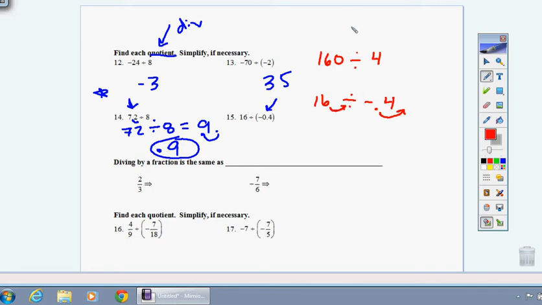So now I have 160 divided by, I'm sorry, negative 4. This should be a negative. But we'll add in the negative at the end because we know our answer has to be negative because we only have one negative here.